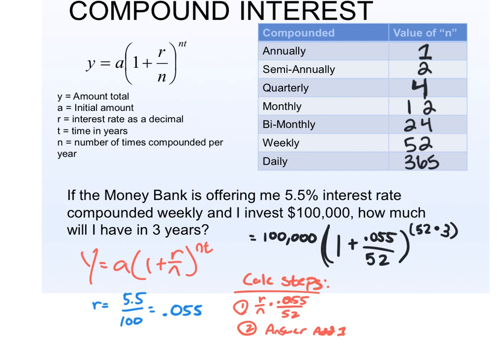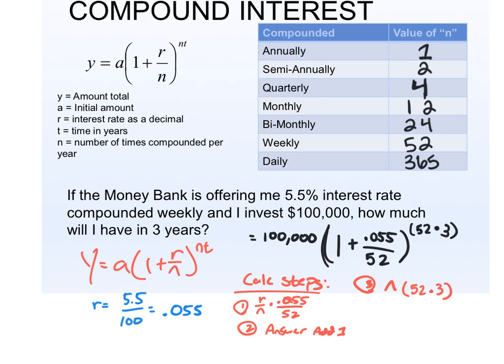And I get out the same thing I had before with just a 1 in the front. Okay? Then I'm going to hit the caret button. So I'm going to go caret, parentheses, and I'm going to do whatever my exponent is, which in this case is 52 times 3.